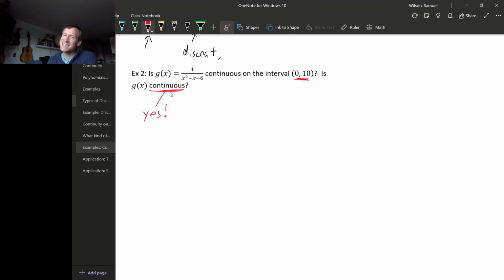By continuous, we mean, is it continuous where it is defined? And we know that rational functions are continuous where they're defined. So now let's look at the interval from 0 to 10. Well, for rational functions, they're continuous wherever they're defined, so what we should figure out is, where is g of x not defined?